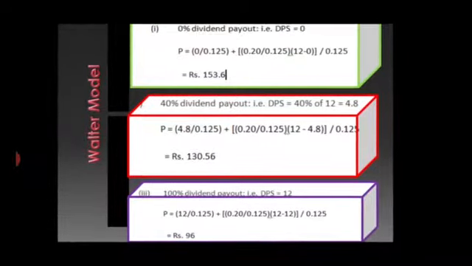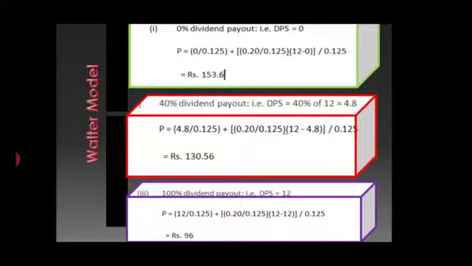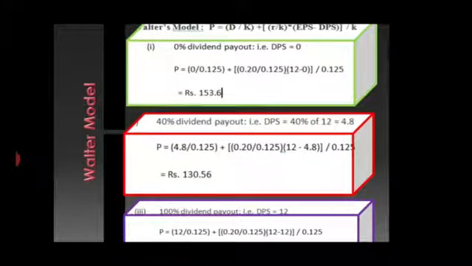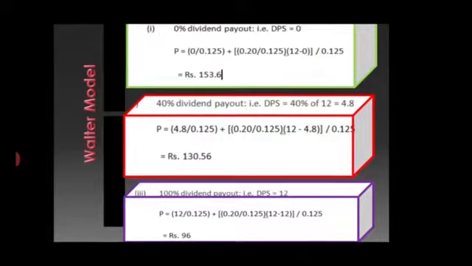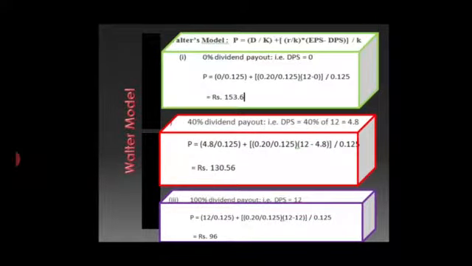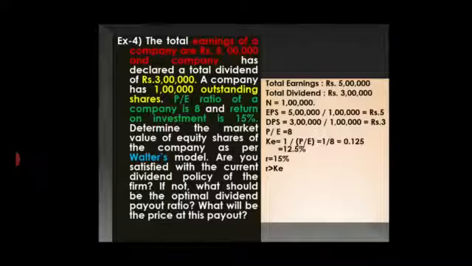And this example shows this result. You can see that at 0% dividend payout, price is 153.6, which is optimum, which is maximum as compared to 40% and 100% dividend payout. So this is the example of Walter model.